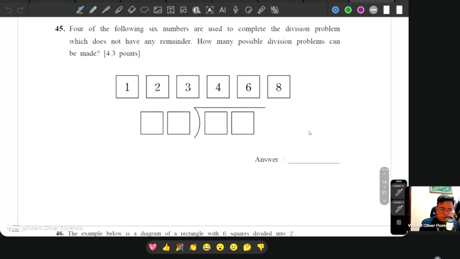Of course, this is just involving two numbers, okay? And also take note, this one here is exact numbers when you do the division, and also don't repeat the same number, okay?